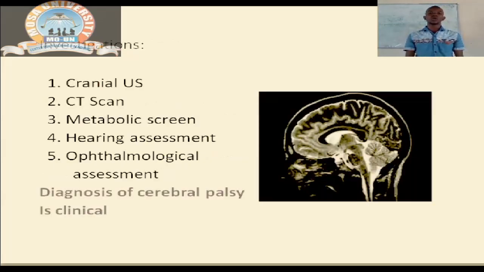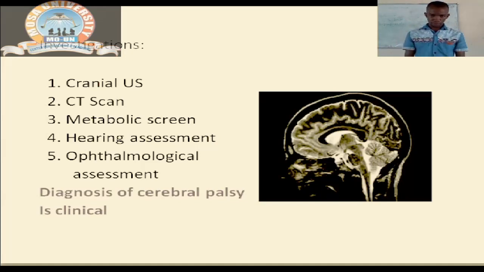Now, how do we investigate these patients? A cranial ultrasound is very important because we'll be able to identify different types of abnormalities or lesions that may be present. The same goes for CT scan. We may do a metabolic screen just to rule out other causes of these features.